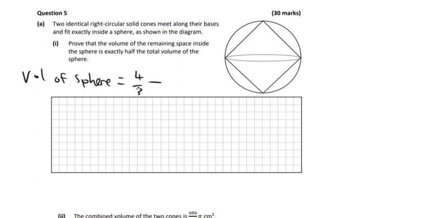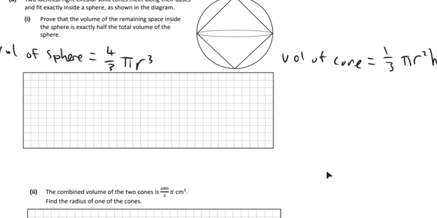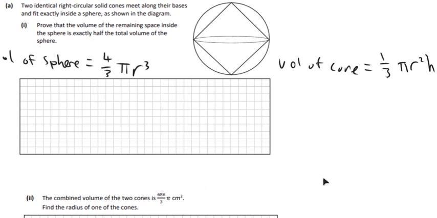It's 4 over 3 pi r cubed, and then the volume of a cone is 1 over 3 pi r squared h. So we have to use both of those formulas then.